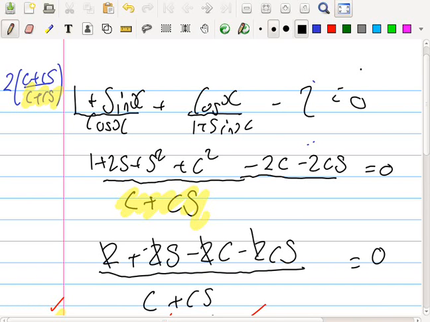You check as well. 1 plus sine 20 pi. Yeah, so you do get 0. You'll end up getting 1 plus 1 minus 2.